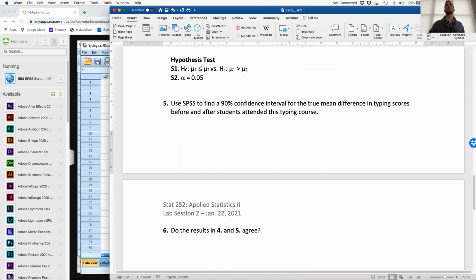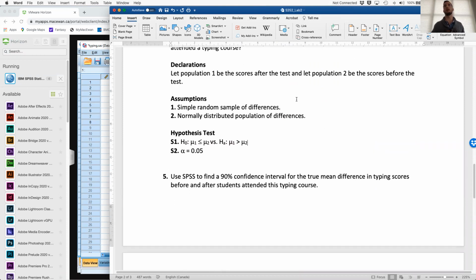Usually, when we're working with paired data and we're structuring our hypothesis test, we actually build it around the symbol mu d. So this hypothesis, as it's written here, where we're comparing the 2 population means, is okay because it is asking the same question.